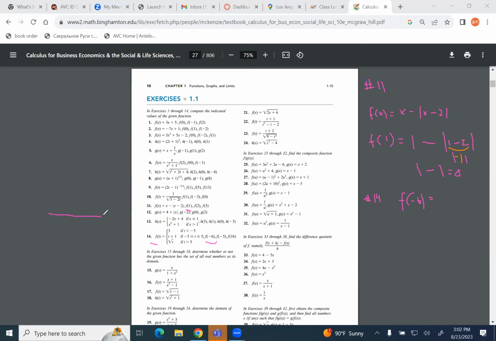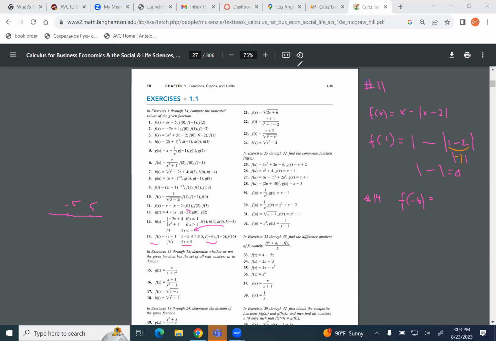It looks like here we're dealing with -5, right? That's my first piece here. Then the second piece deals with between +5 and -5. And the third piece deals with +5 going all the way to the right.